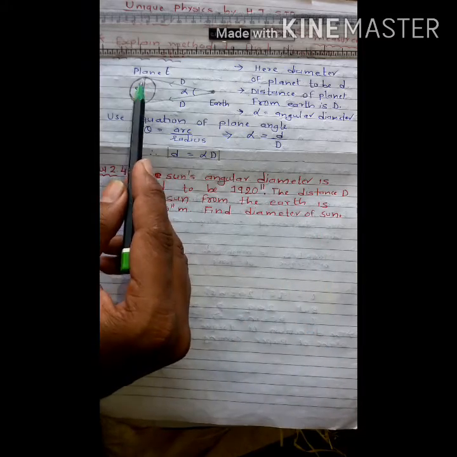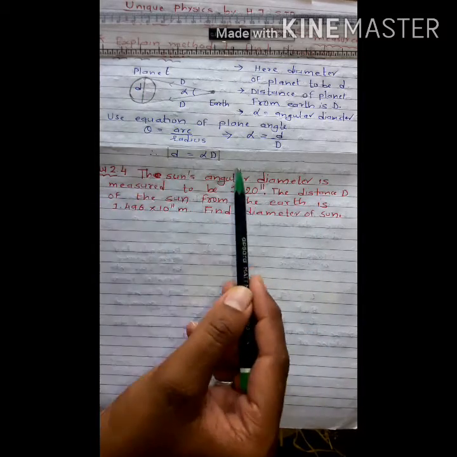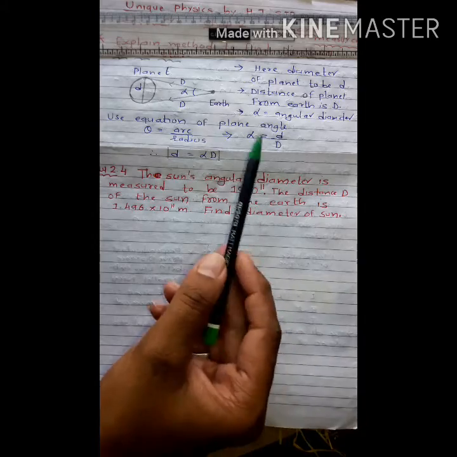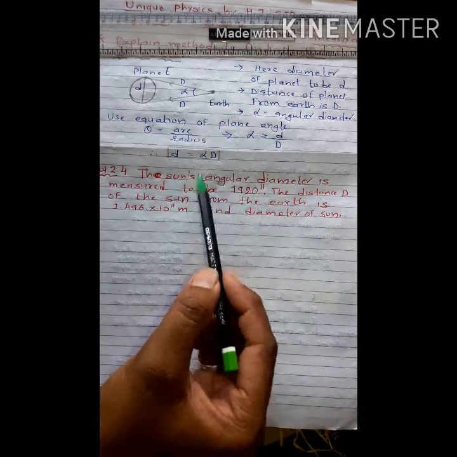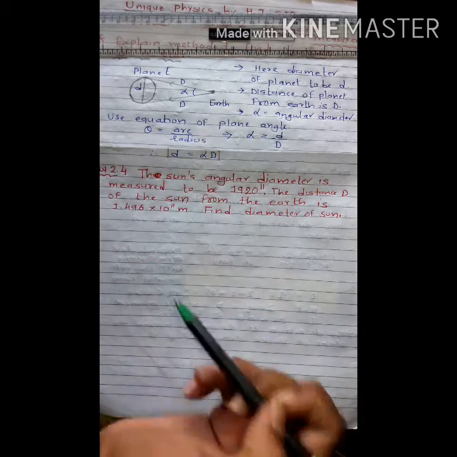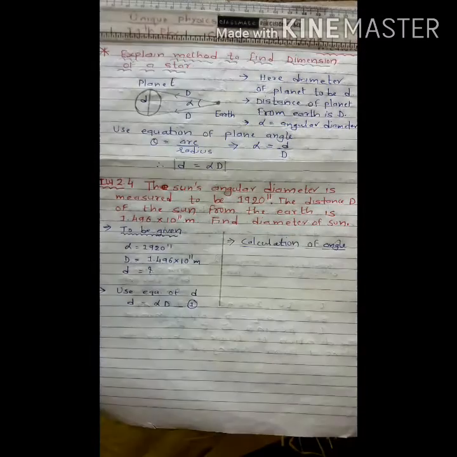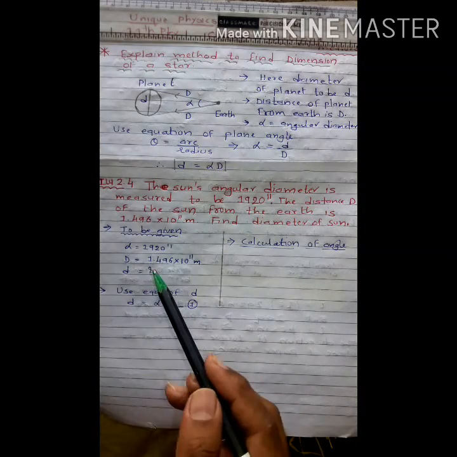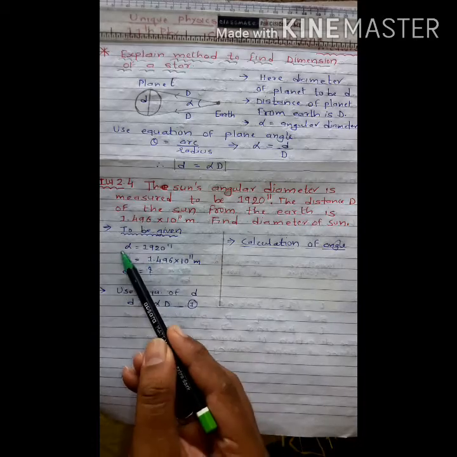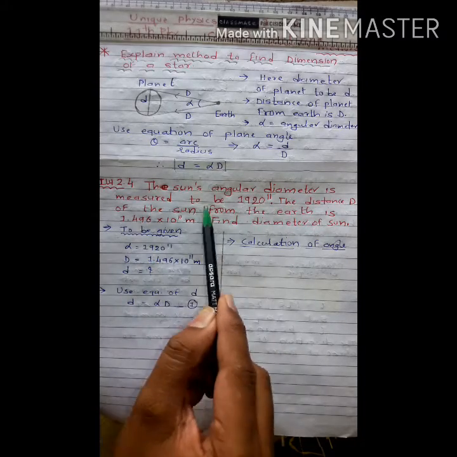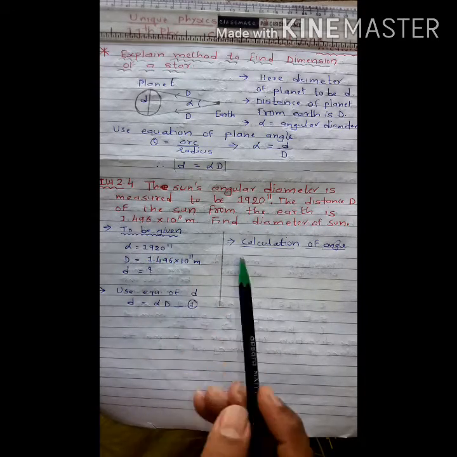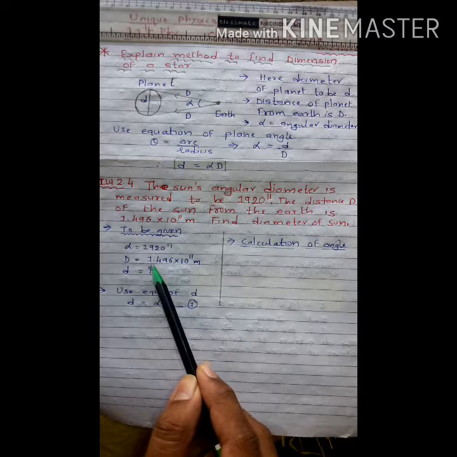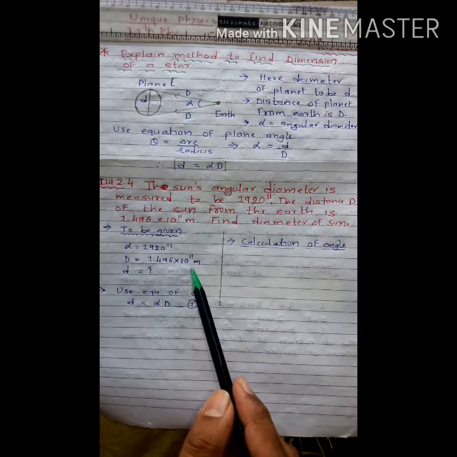Here we want small d, the diameter of the sun. So this example is based on this equation. First of all we separate all given values. Alpha is equal to 1920 seconds. Capital D is equal to 1.496 into 10 raised to 11 meter.